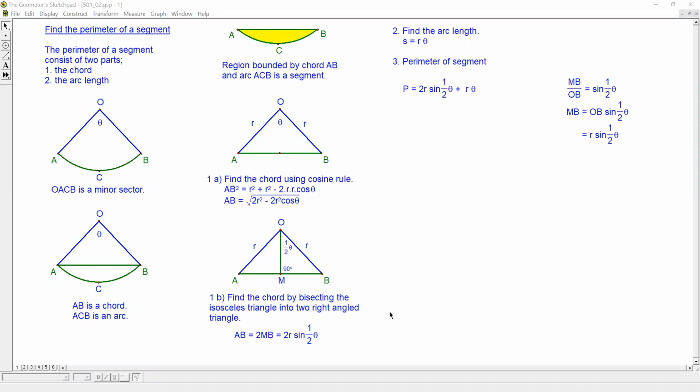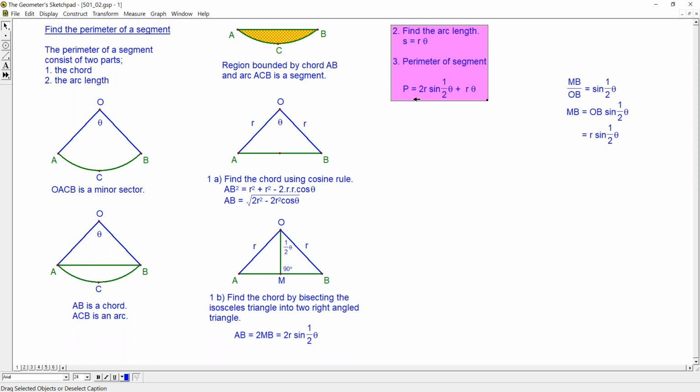Okay, no question. Then if you want to find the next one, coming back to this yellow thing, the yellow thing here is the segment. If you want to find the perimeter of the segment, you use AB plus this curved line. This curved line is the arc length RS.